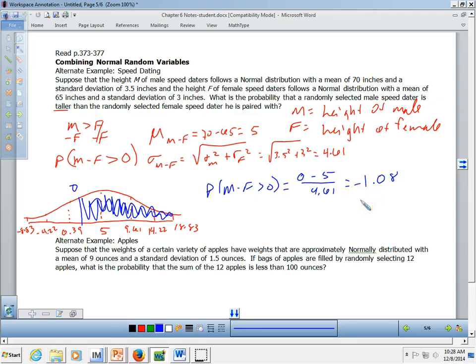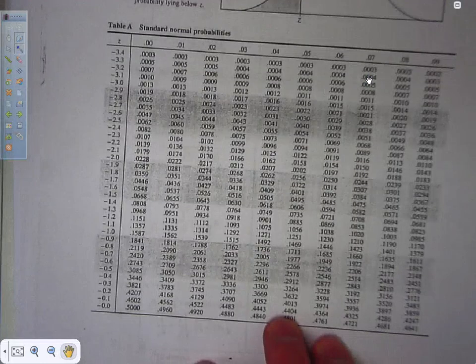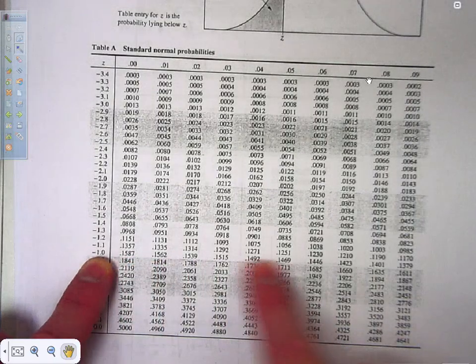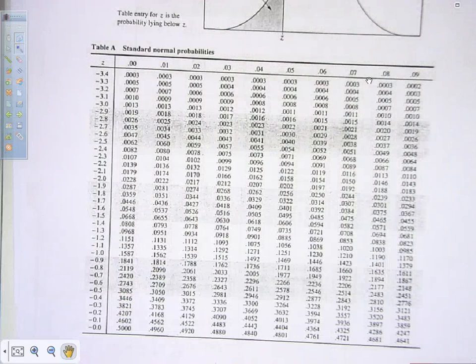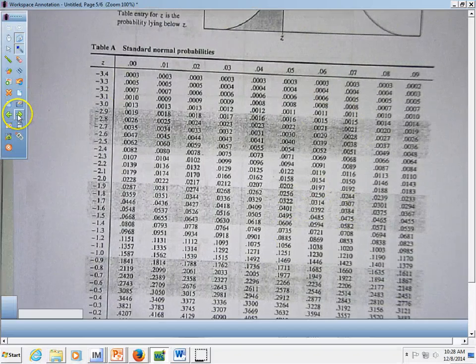At which point, I use my table A and go find negative 1.08 in table A. Just because I haven't shown this in a while, I'll do that real quick. Negative 1.08 would put us, negative 1.0 is here, 8 is all the way out here, so it puts us at 0.1401.